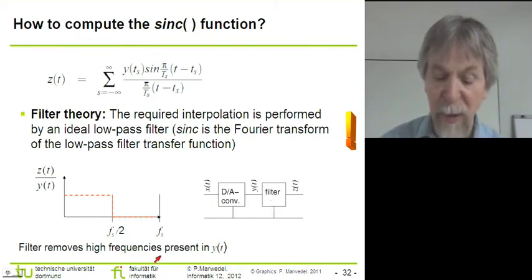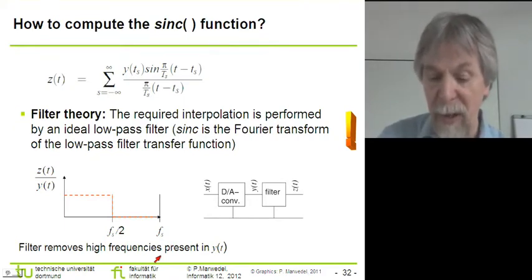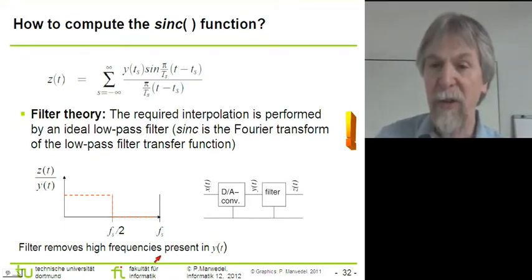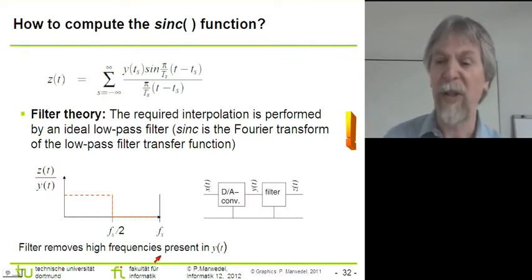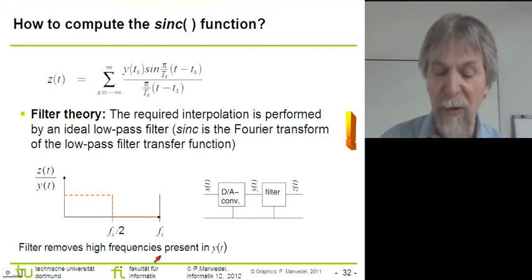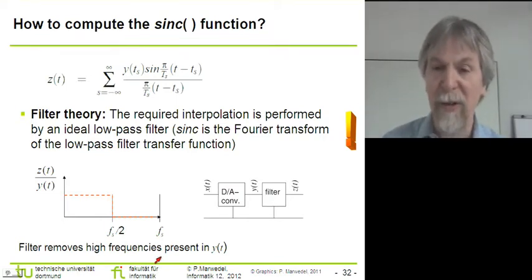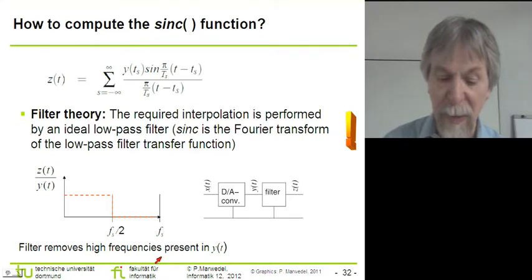And this low-pass filter will remove all the high frequencies that are present in y of t. I mentioned that for a step function, we obviously would need a lot of contributions corresponding to high frequencies because we have to approximate these jumps in the step function, and therefore this filter certainly is not redundant. It does have to remove all these high frequencies.